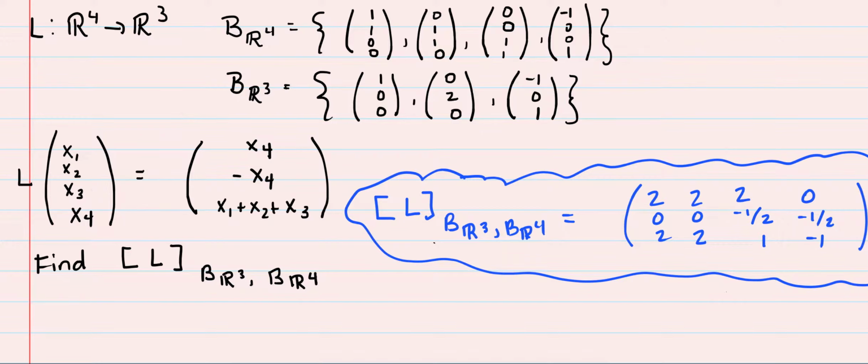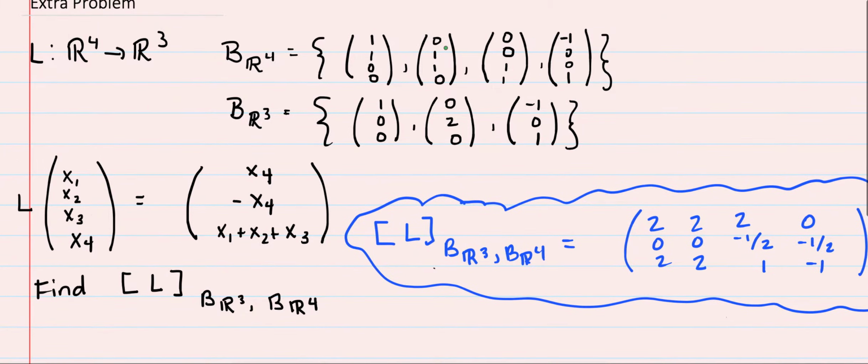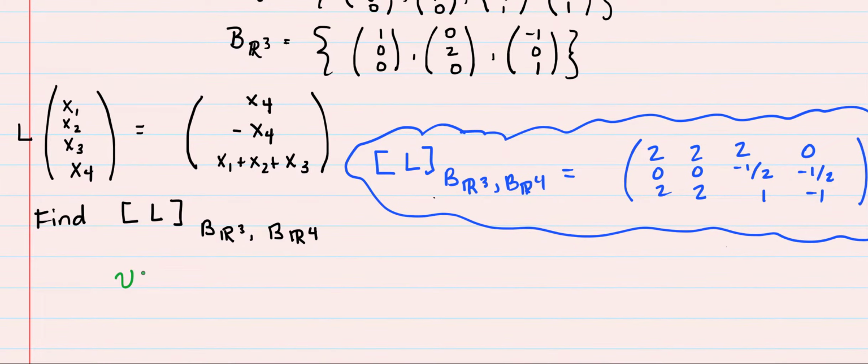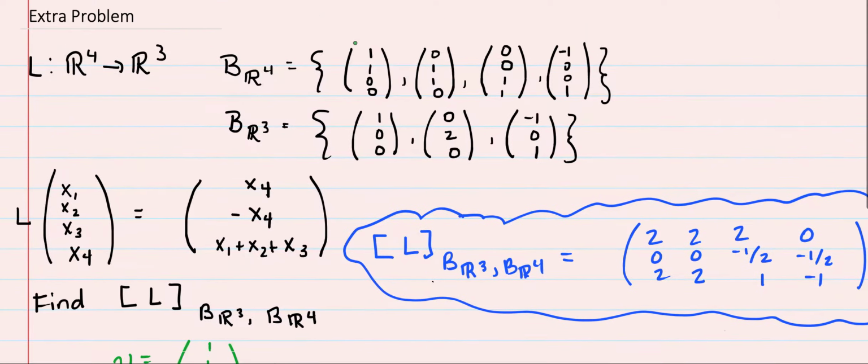So let's make up a vector, and I'm going to choose something that's pretty easy. Looking at these vectors, I'm going to choose the vector in R4 that's 1, 1, 1, 1. And the reason I'm choosing that is because this vector, if you look at these basis vectors, it's just this one plus this one.